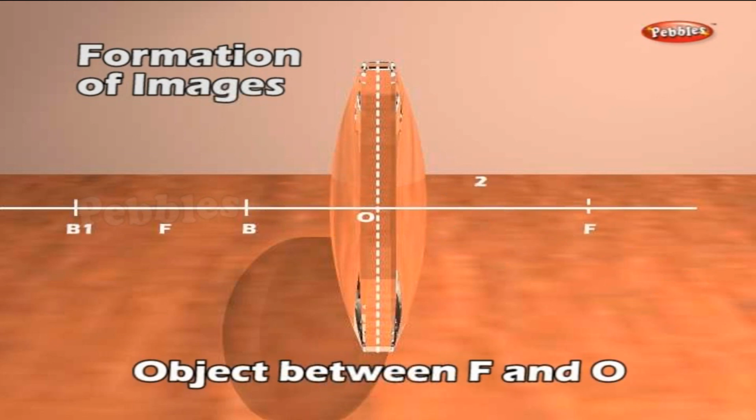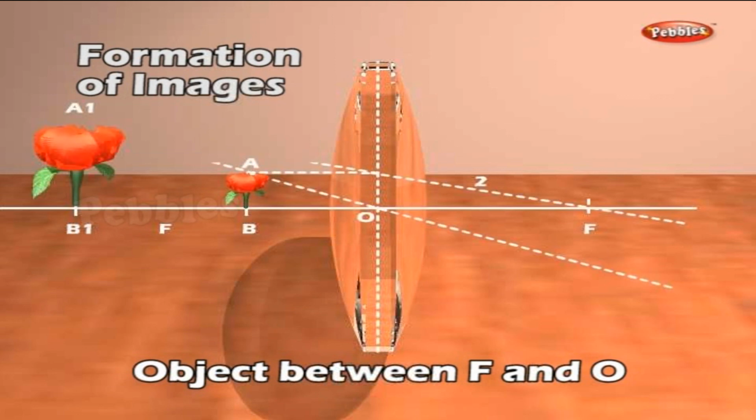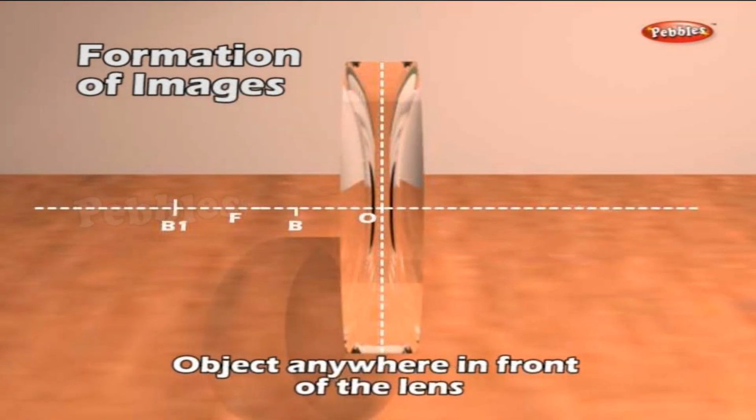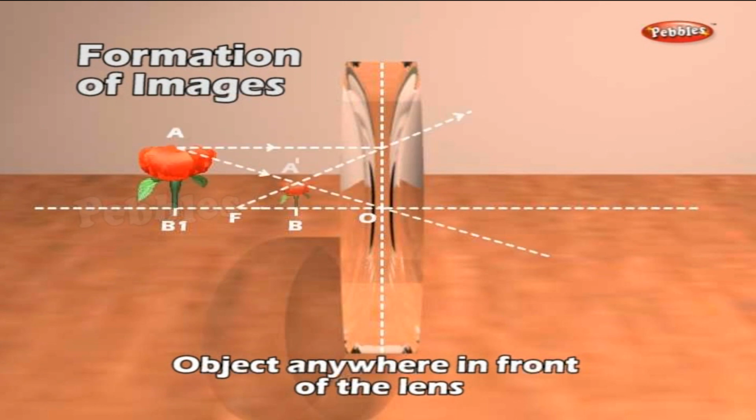Object between f and O: the image is on the same side as the object, virtual, magnified, erect. Object anywhere in front of the lens: the image is on the same side, virtual, diminished, erect.